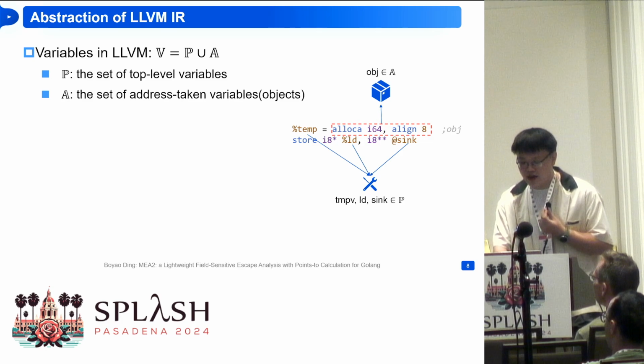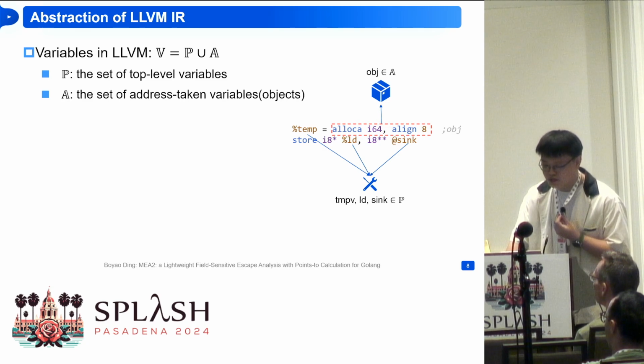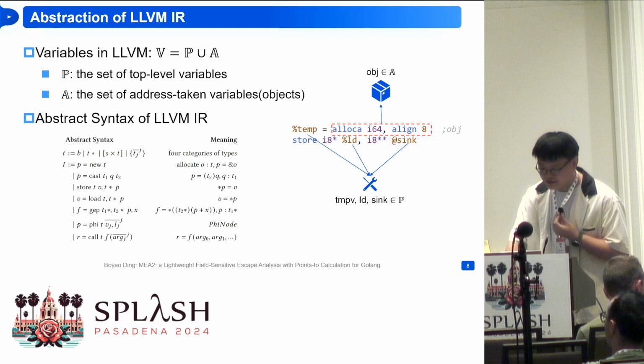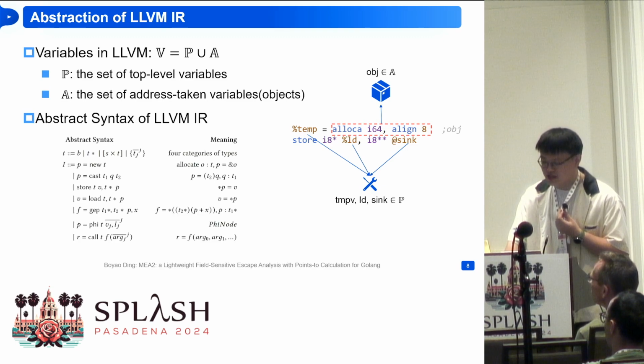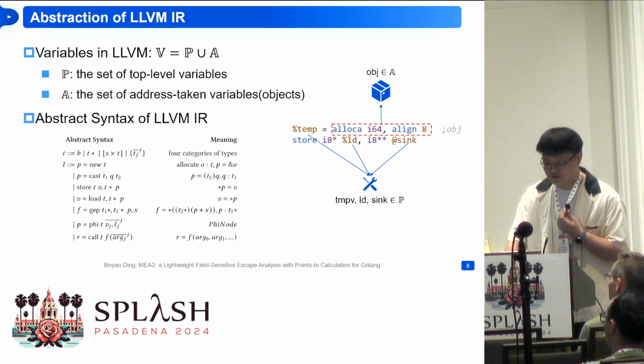We characterize variables into two types, top-level variables and address-taken variables. Top-level variables include virtual registers and global variables, and address-taken variables represent objects allocated in the program. For the instructions and statements, we focus only on seven memory-related operations: allocation, cast, store, load, get element pointer, phi nodes, and call instructions.